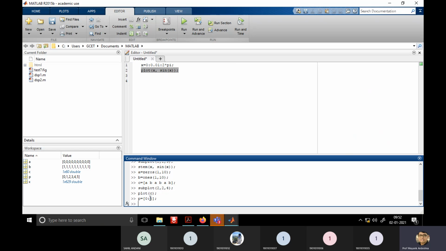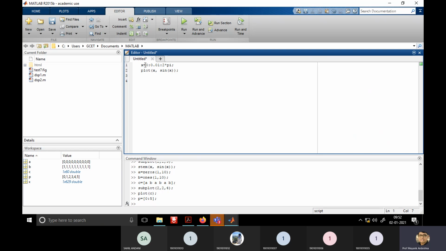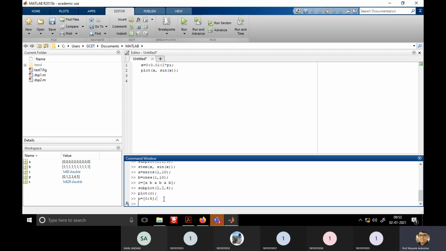If I'm not considering any interval, by default they take it as 1. Normally, if you see in x, what is the difference between these two? If I put x is equal to 0 to 2 pi, then by default they take the interval as 1. And if I specify the interval, then definitely it will go with that interval. So first we are taking p, which may be 0 to pi.